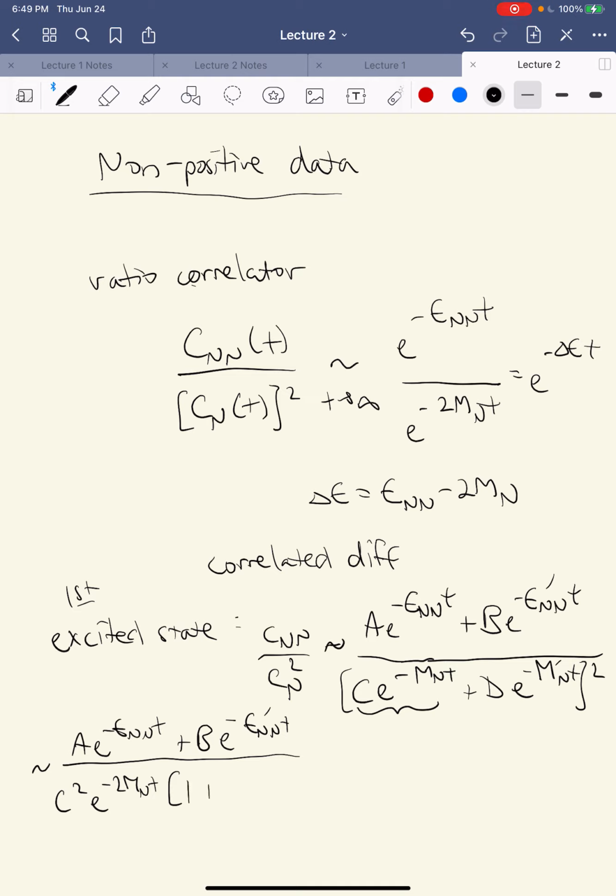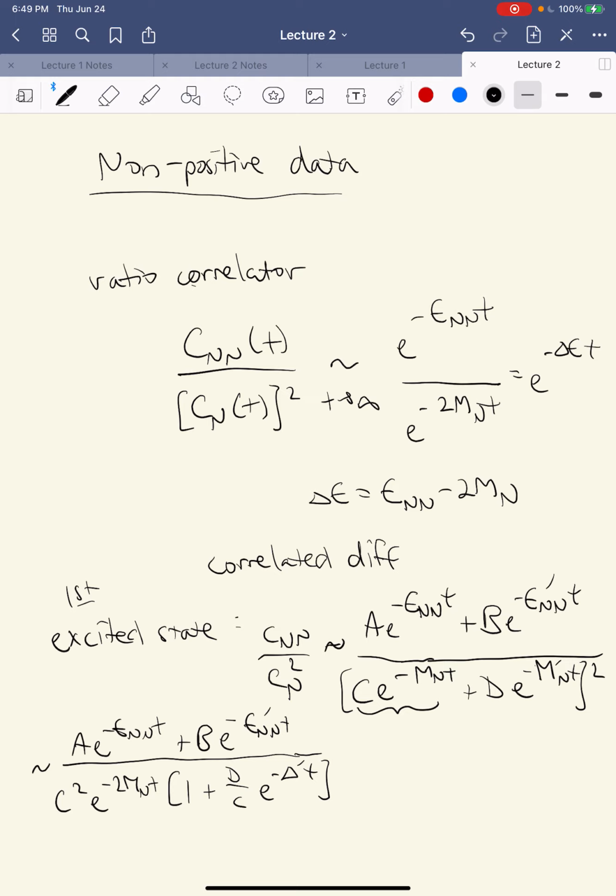And then I get 1, and then this will be, say, some delta prime, which is the difference between M_N prime and M_N. So I'm just going to use a lot of deltas.